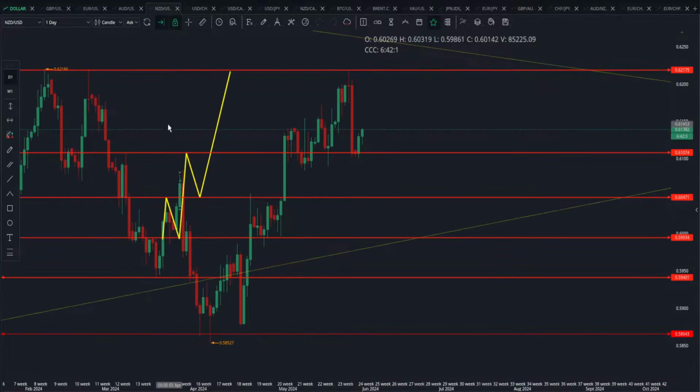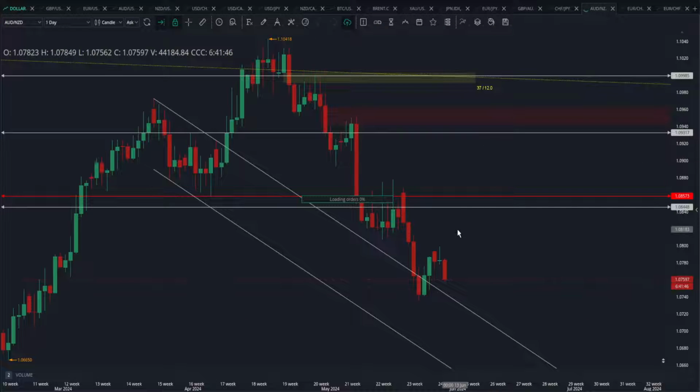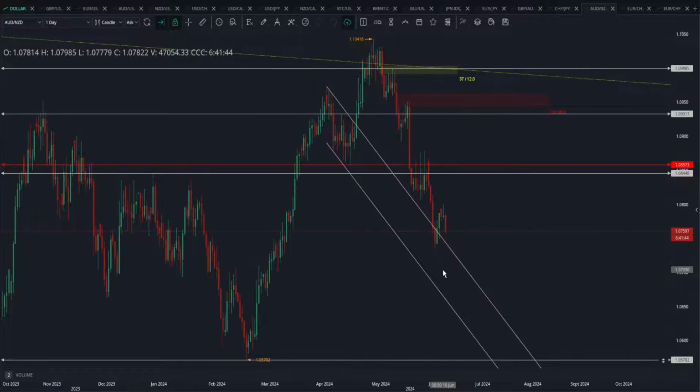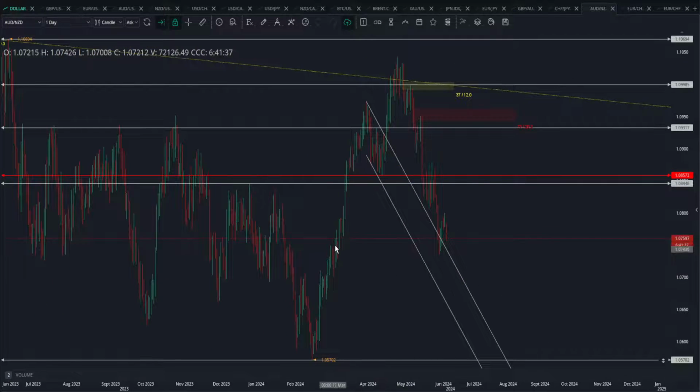But at the same time, I'm bullish on the New Zealand dollar. I'm expecting it to reach at least 0.6217. And also in this process, if it starts going up, it is actually helping Aussie New Zealand to go down. Do you realize that? If the New Zealand dollar is going up, then Aussie New Zealand or Aussie Kiwi is going down, which is perfect for this pair to fall all the way down to 1.0570.